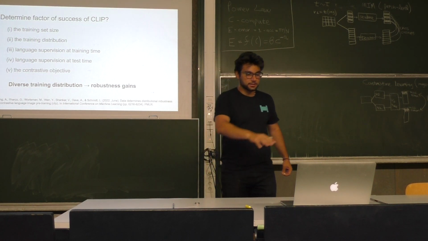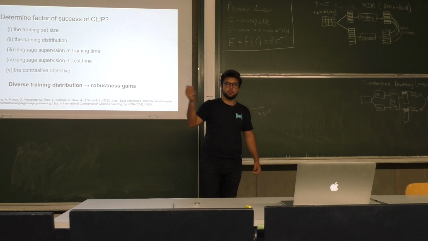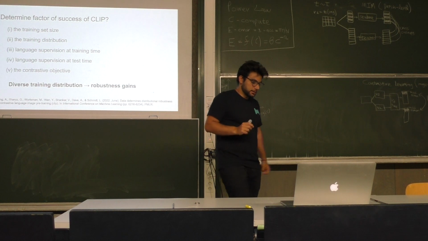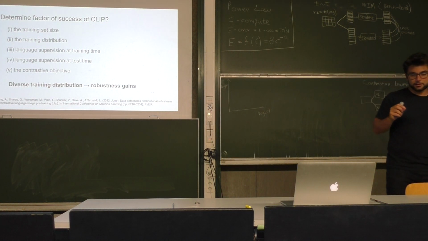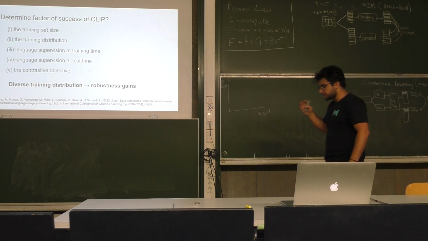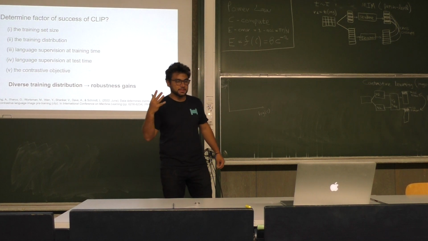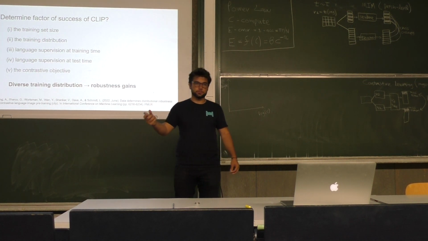You see training size, data distribution, language supervision at test time, or the contrastive loss itself. The bottom line of this large-scale study was that the objective itself is not really important. What is important is that you have a very diverse training distribution.